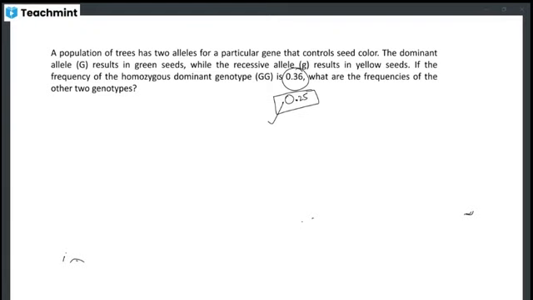Tell me the genotypic frequency of the other two genotypes. Okay, someone wrote 0.25 and 0.5. Yeah. So 0.25 recessive and 0.5 heterozygotes, right? Okay, just a minute.